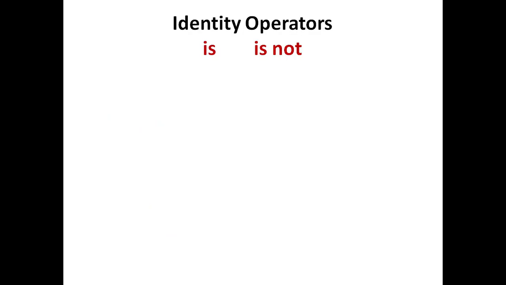The last operators are the identity operators, and these are two: is and is not. Basically they check whether two objects have the same integer identifier or not. So let's have an example.